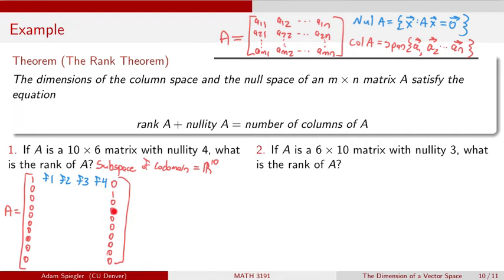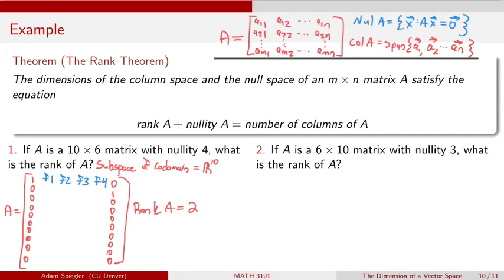And then that would leave the last, sixth, and final column to also have a pivot. So maybe the matrix looks something like this. And in this case, the rank of the matrix is going to equal the number of pivot columns. So the rank of matrix A in this case would equal 2. And that means, yes, we have a subspace of the codomain, which was R10. The column space is a 2-dimensional subspace of the codomain.